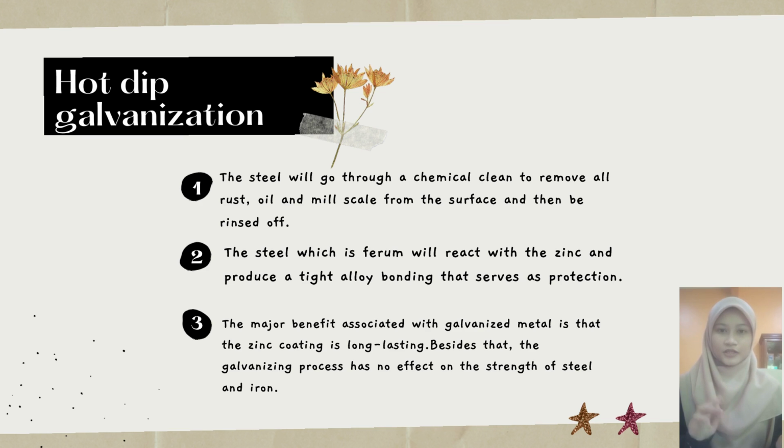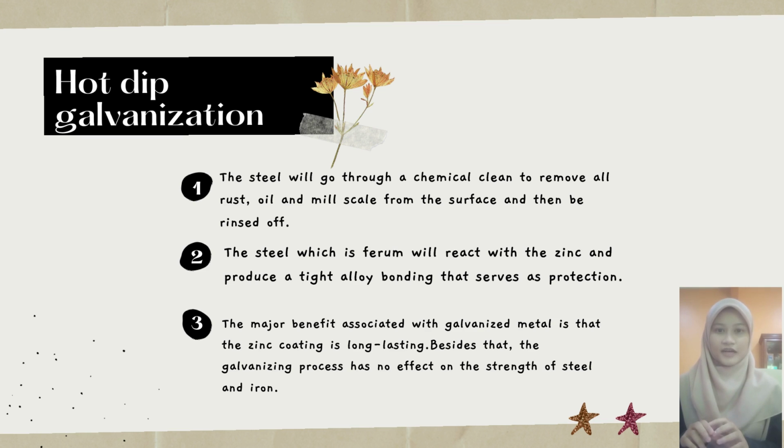The ferrum will react with the zinc to produce a tight alloy bond that serves as protection. The major benefit associated with galvanized metal is that the zinc coating is long-lasting. Iron doesn't rust even if the zinc coating is broken in the galvanized iron part, because zinc is more reactive than iron, so it will release electrons more readily than iron does.